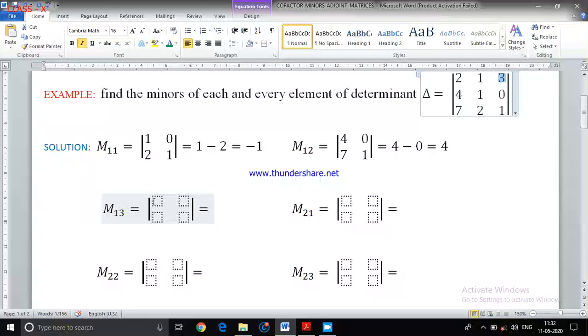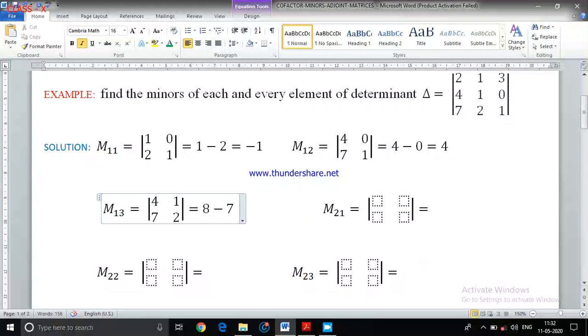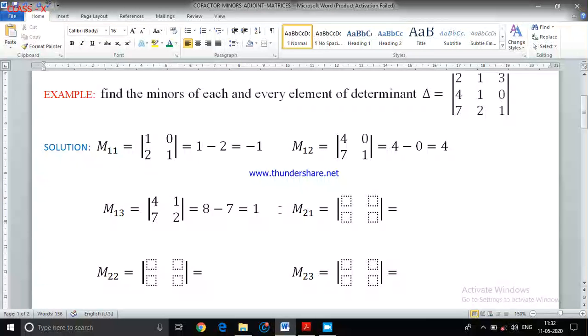Okay, so let me write here 4 1 7 2. So what do you get as the determinant of this matrix? 4 into 2 is 8 minus 7 into 1 is 7. So 8 minus 7 equals 1. Okay, so we got the minor of this 3 also.